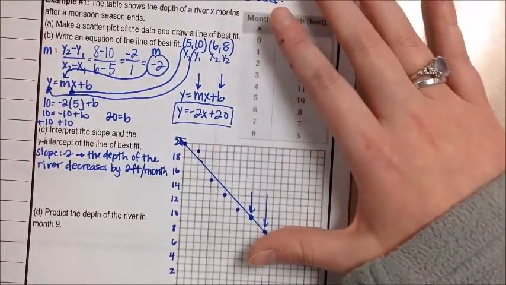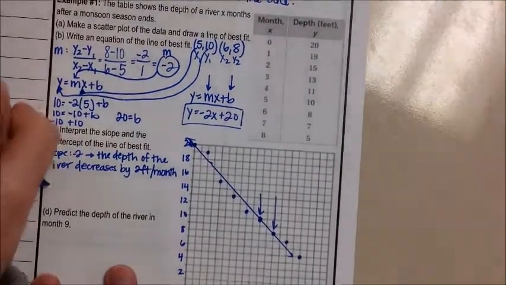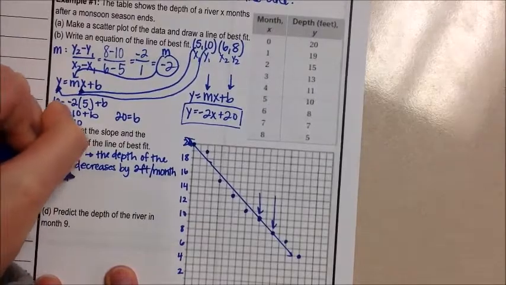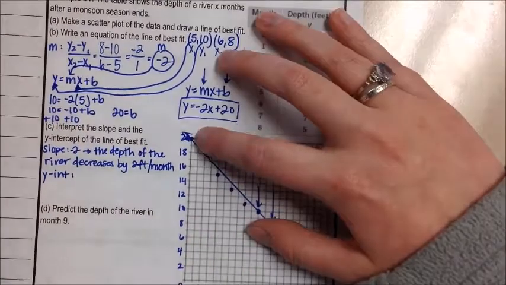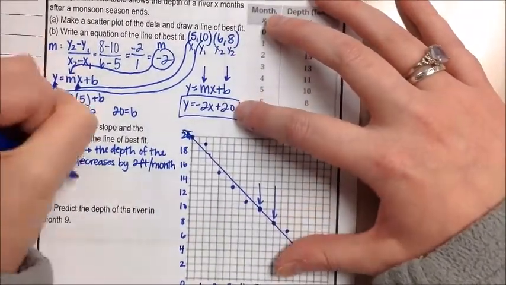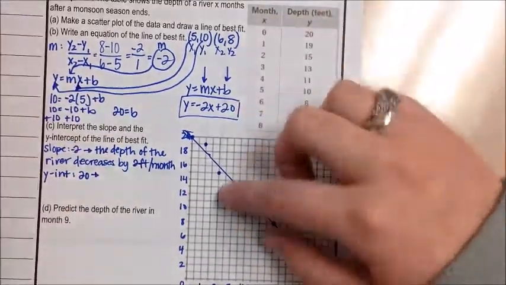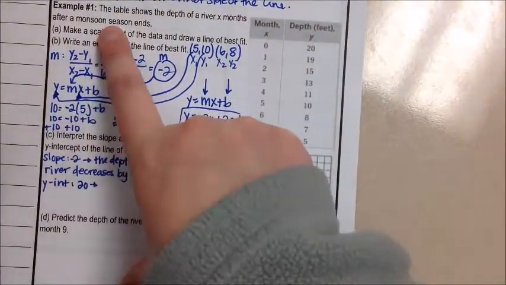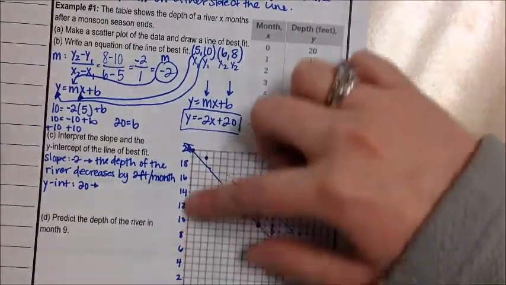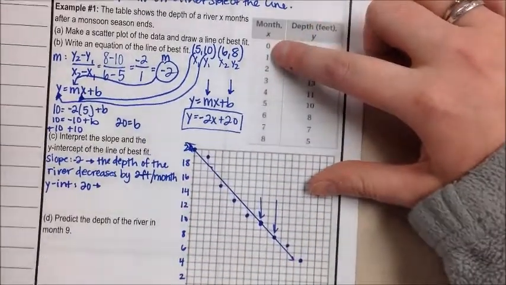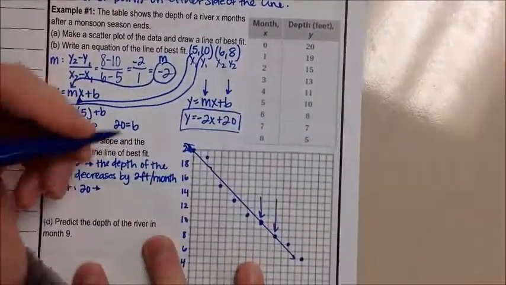So that's the description of my slope, and the description of my y-intercept is 20. It says after a monsoon season ends, so right when the monsoon season ends, at month 0, the depth is 20.